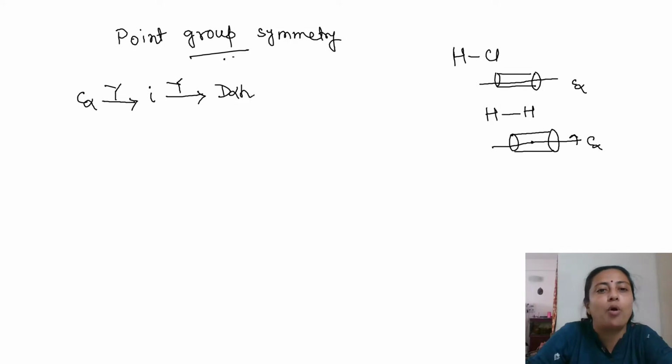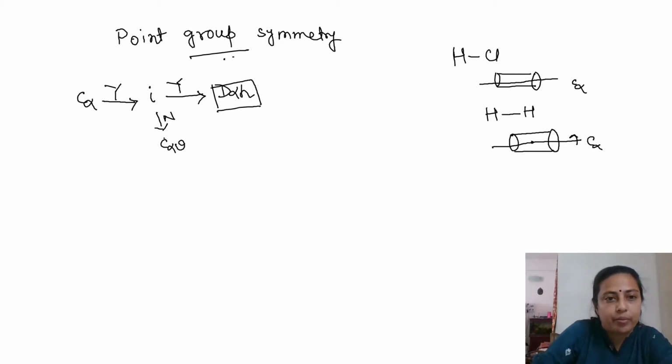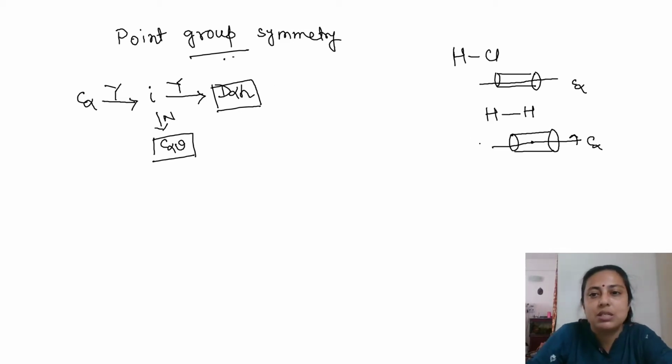So the point group of a homonuclear linear molecule would be D infinity H. If it does not have an I, then the point group would be C infinity V. D infinity H means it has a C infinity axis, an infinite number of perpendicular C2s, and also a horizontal plane.